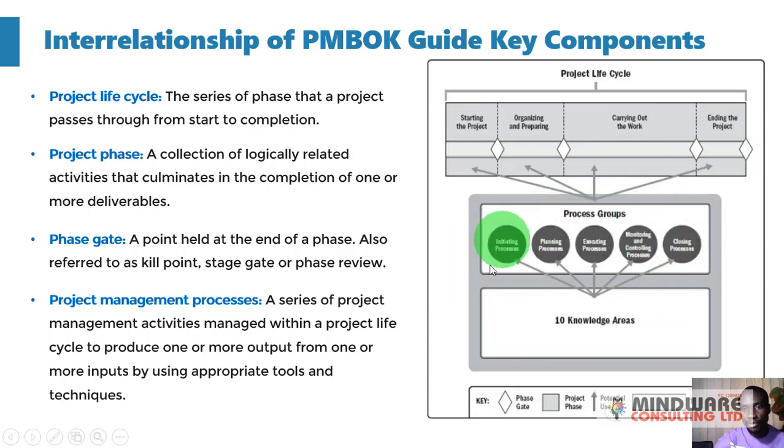We have the initiation process group, the planning process group, the execution process group, monitoring and control, and then closing process groups. So those process groups now form what we call knowledge areas. Do you understand that now? So we'll look at that in more details. But first, let's take a closer look at this project management process groups.